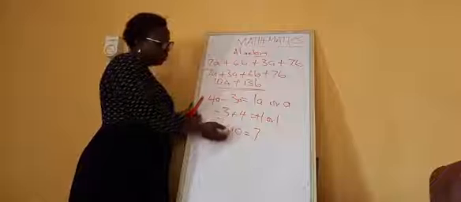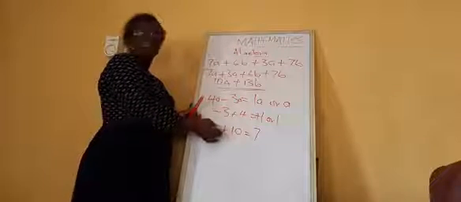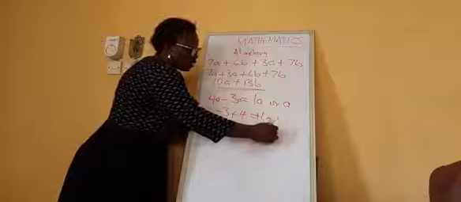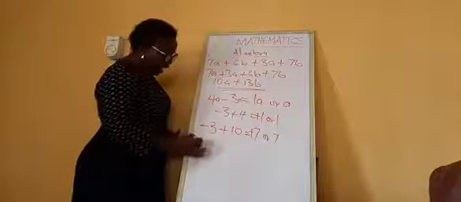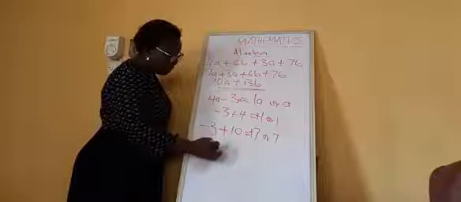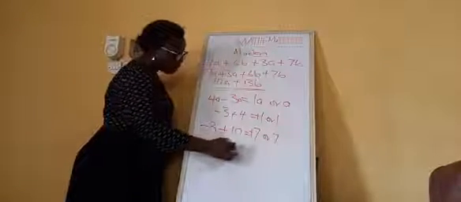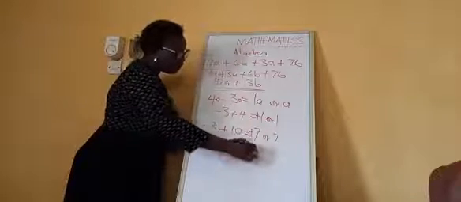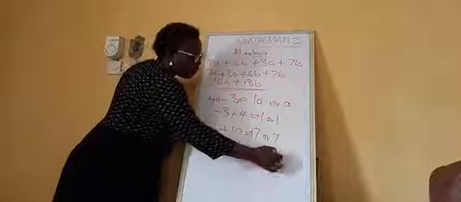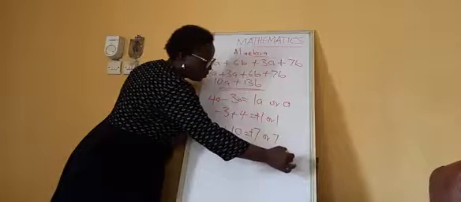Now remove your hand. The sign is what? Positive. So why can't you put plus 7 or 7? So from here now, if I put minus 3m, then plus 10m, it means the same thing as plus 7m or 7m.